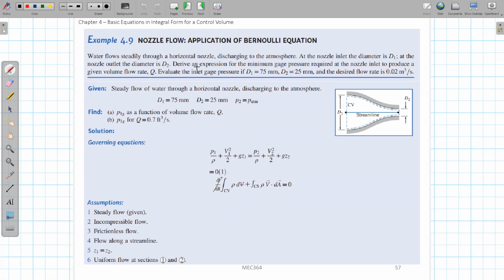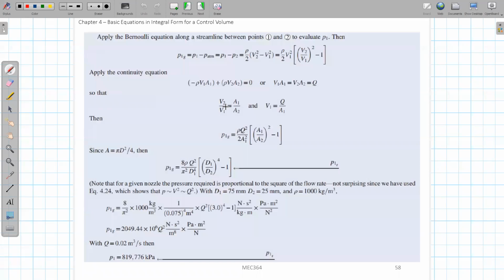Where is this density value mentioned? Okay, it says water. That's the reason we know the density value. So for this problem, it's what we did here.